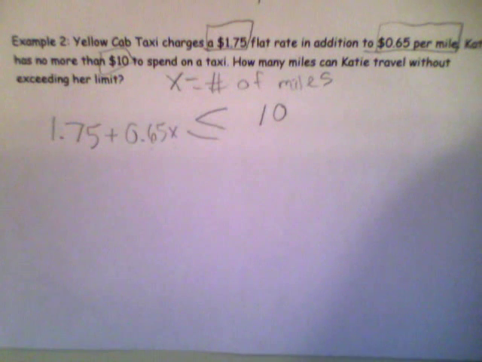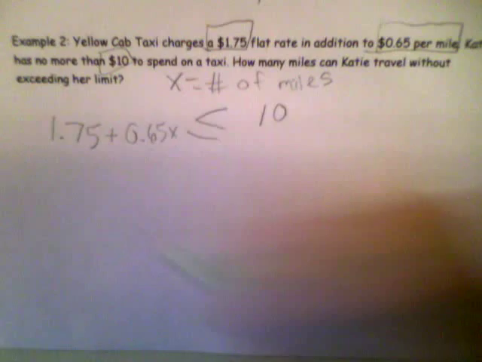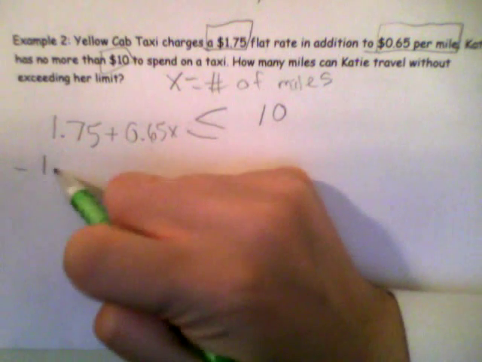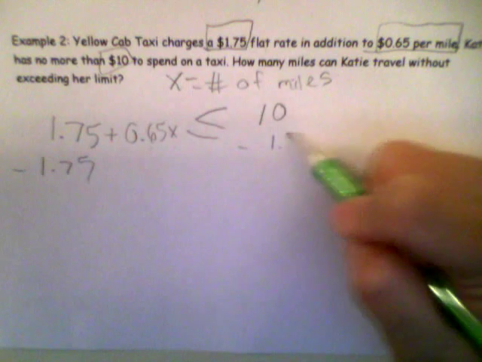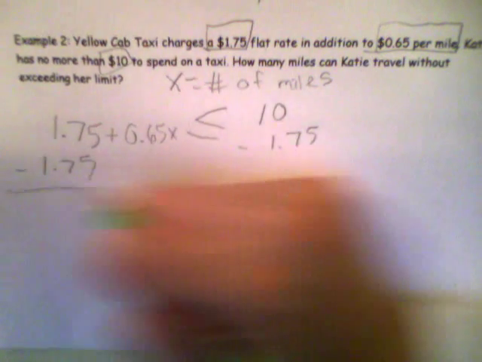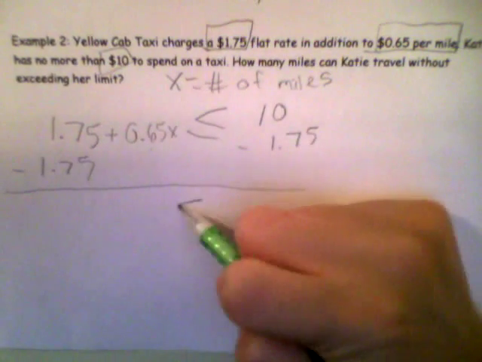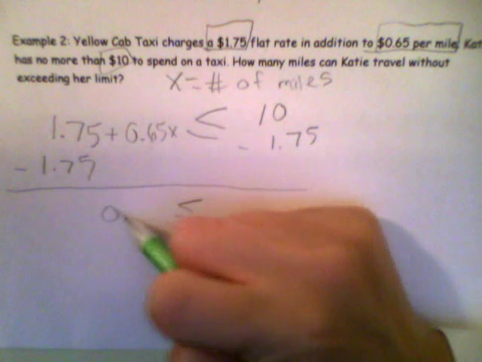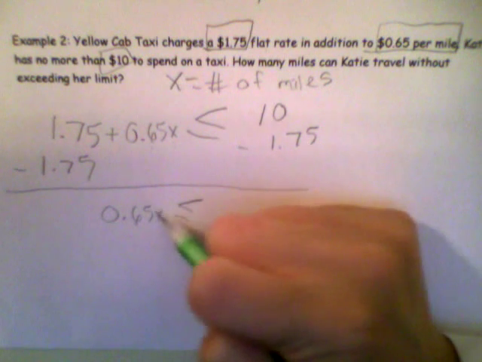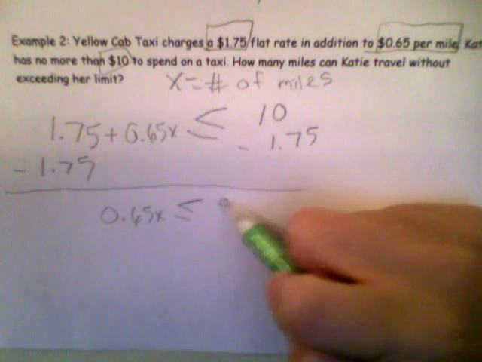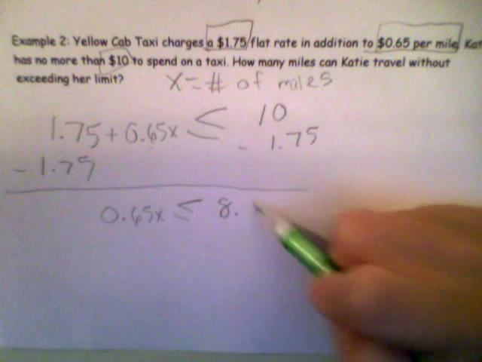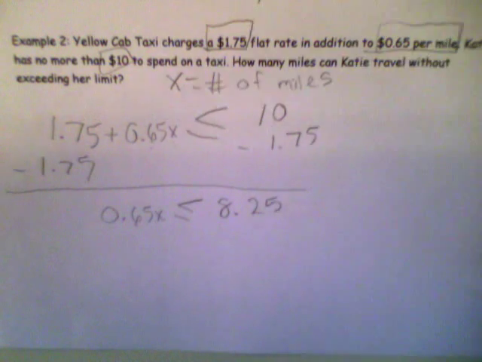Now I can go ahead and solve for x. So first thing I'm going to do is subtract 1.75 on both sides. Okay. When I do that, I get 0.65x is less than or equal to $8.25.